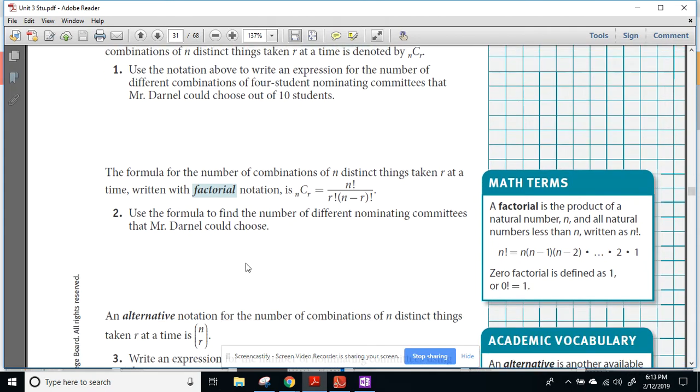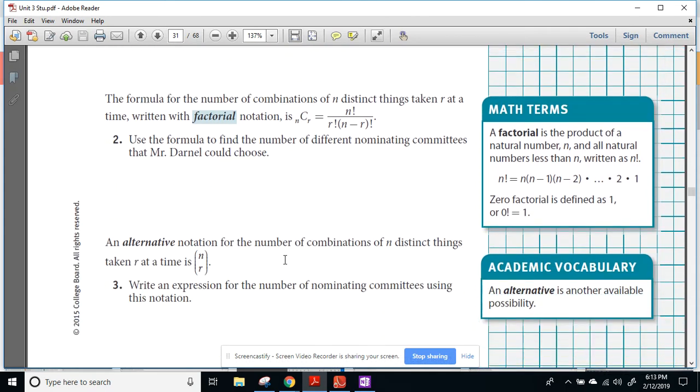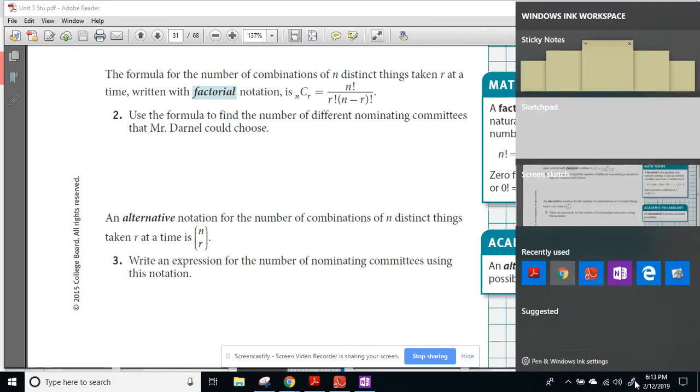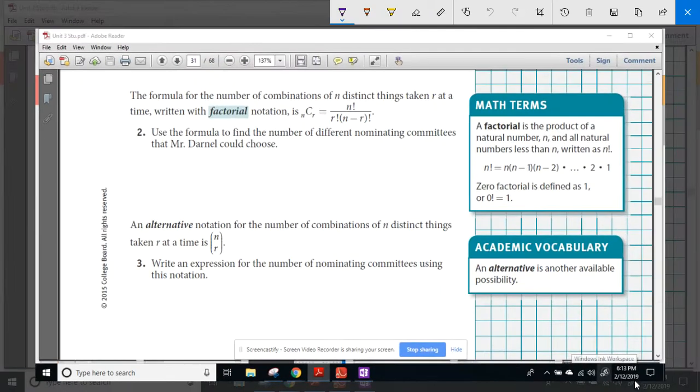So in this particular case, when we do N choose R for this problem, Mr. Darnell had 10 students, and he's choosing groups of 4.